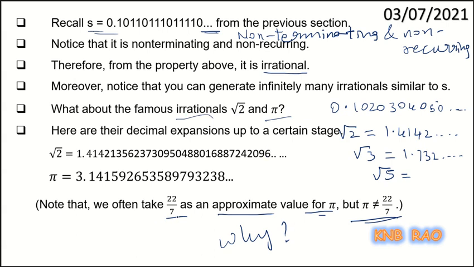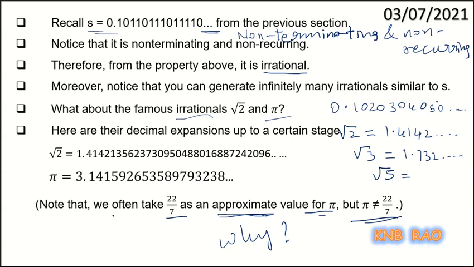How could an irrational number be equal to a rational number? So, it is an approximation; the approximate value of pi is 22/7, not the exact value. Pi value is 3.1415 and so on. It is an irrational number.